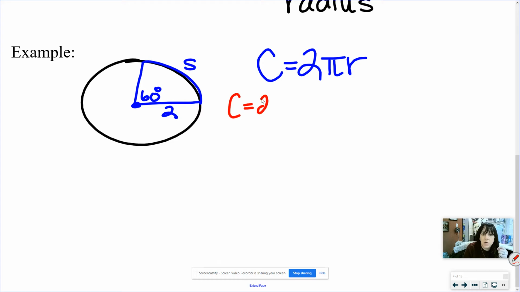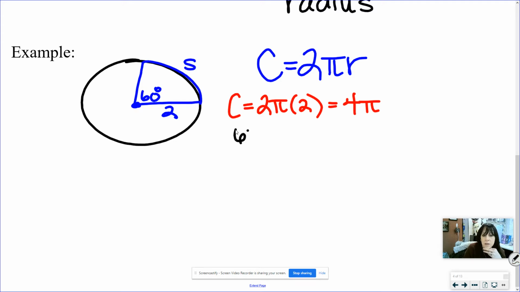Well, the circumference would be 2 pi times the radius. So we'll call it 4 pi for now. Well, I don't need the whole circumference. I just need this little wedge. So what I'm going to do is figure out how this wedge relates to the whole circle as a fraction.